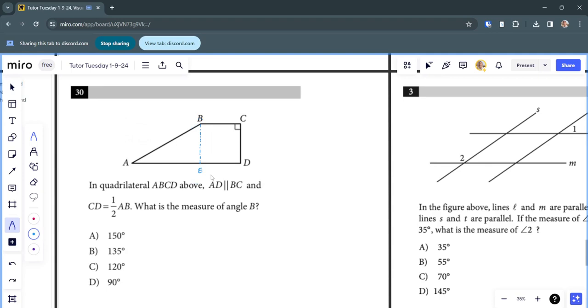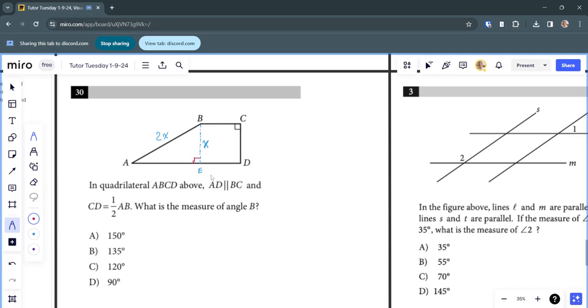Let's just arbitrarily set this side as x. This side is going to be 2x, right? Because BE, CD, and by definition BE have to be half of this long side AB. But what you'll notice now is that this is a 30, 60, 90 right triangle.